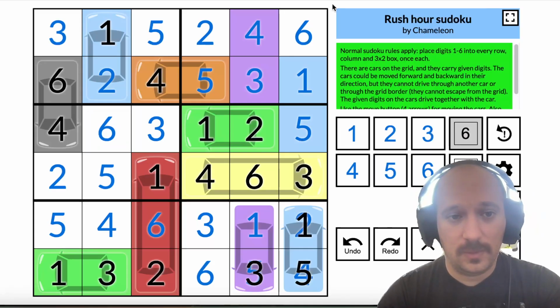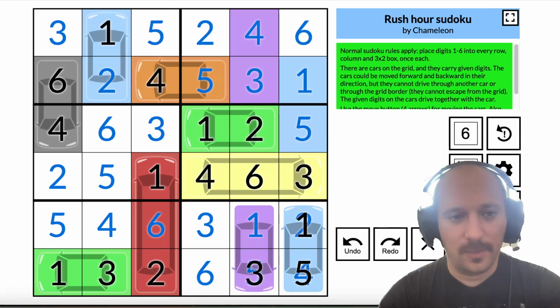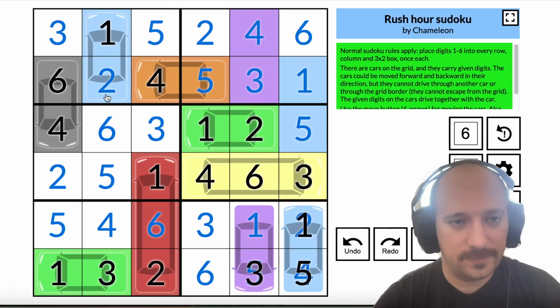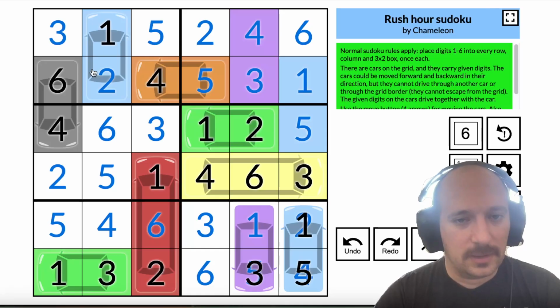So now we solved the Sudoku part totally logically, and solving the rush hour part is a bit harder to do logically, but you can kind of do it, by thinking about which things don't work, and then just doing the other thing.